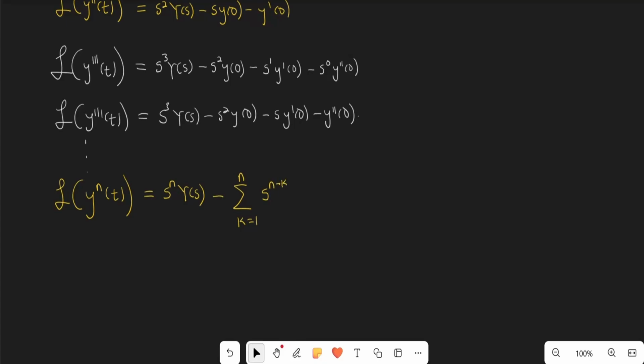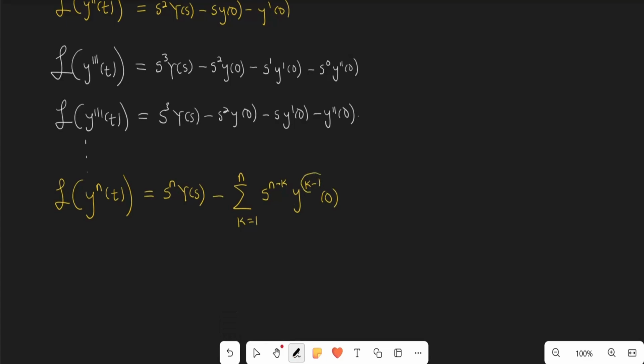And now these ones too are increasing, right? The y prime, but they will never increase up to the point of the number of derivatives that we are having. So the last one here is y prime, which is what we are taking the Laplace transform of. So this one is going to be multiplied by y raised to the power k minus 1, like this, of 0.